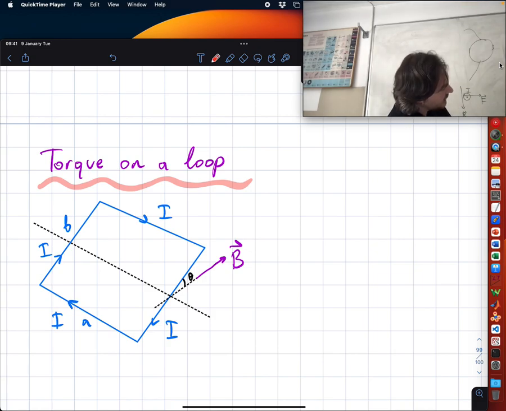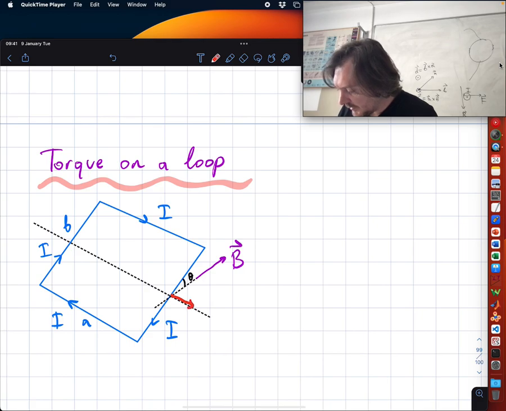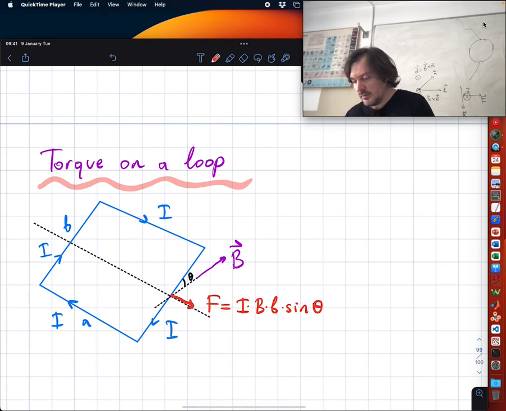Maybe I should show it like this. Do you see it? So F over here is out, and its magnitude is IBb times sine theta. How about the other side over here?